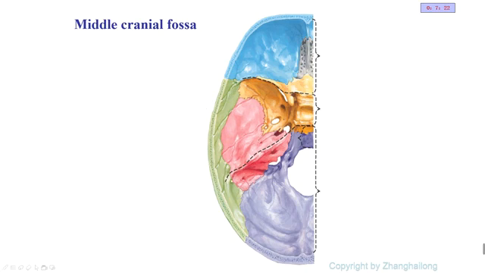And now let's see the middle cranial fossa. What structures are in it? First one, the optic canal. Here, the optic canal. This canal goes forward to your orbit. The optic nerve passes through it. And the second one, the superior orbital fissure.